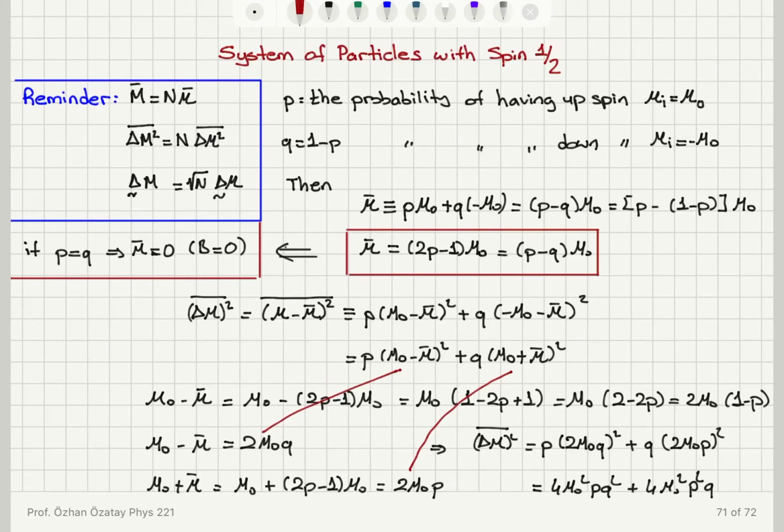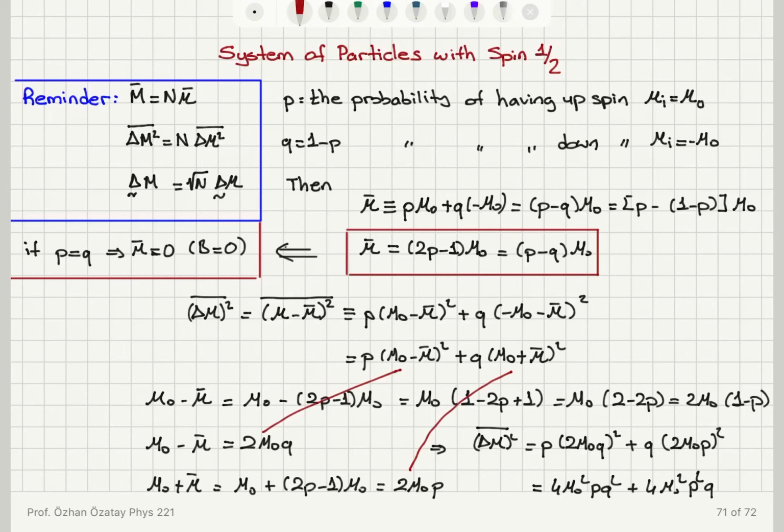Now I tried to calculate the values of the average moment per spin and the standard deviation of the moment per spin. So I called p the probability of having an up spin with a corresponding moment plus mu 0. So this cannot be an electron, it could be a proton, for example, a positively charged particle with a spin.